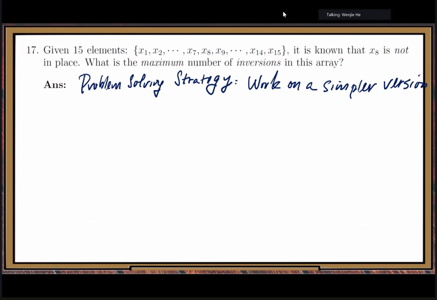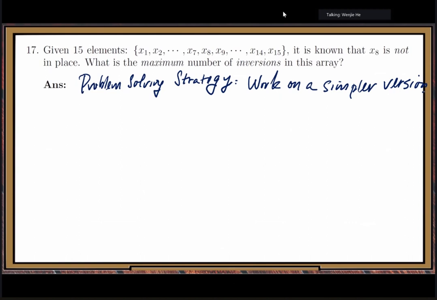After that, because you have some intermediate result, you go back to the original problem and apply the intermediate result, some partial result. Then you get the final result.